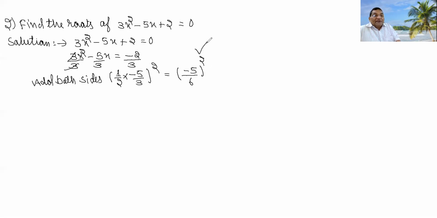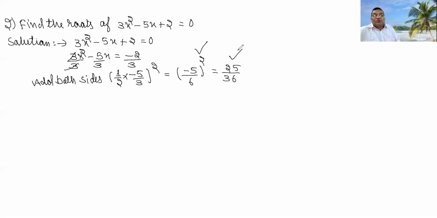This can be added to LHS and the simplified form can be added to RHS so that you can save the time there in examination hall. Minus 5 square, this is 25. And 6 square, 36.